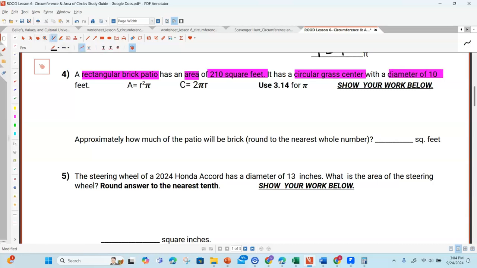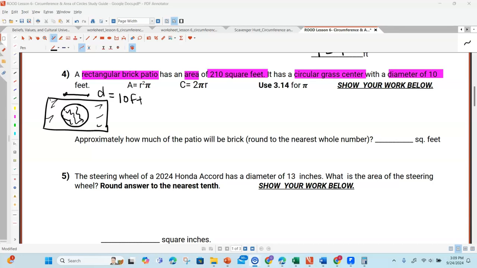So I have a rectangular brick patio, and in the center I have a grass center, and the diameter of the circle is 10 feet. We want to know how much patio will be bricked. Nothing is going to be bricked in the center; we're just going to be bricking it all on the outside.